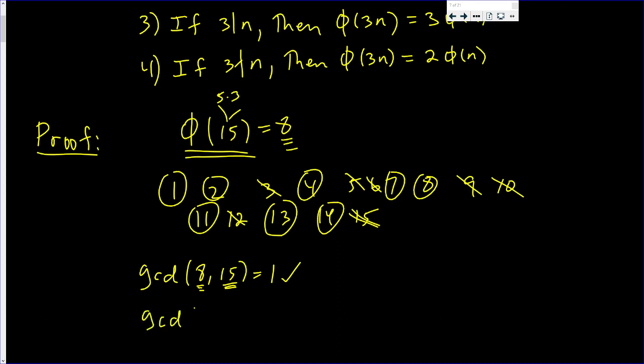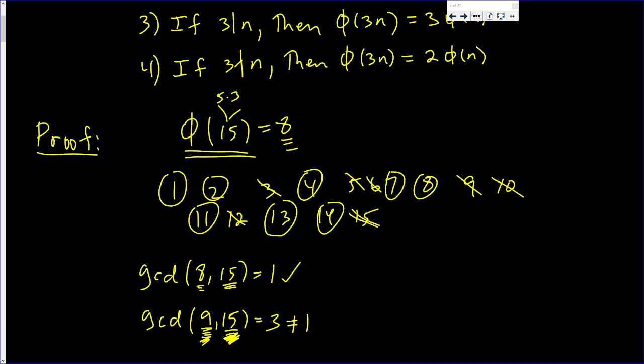And if you look at the GCD, say, of 9 and 15, this is made up of 3's, and this is made up of 3 squared, or 2 3's. This is 1 3. So they both have a 3 in common. It's not 1.